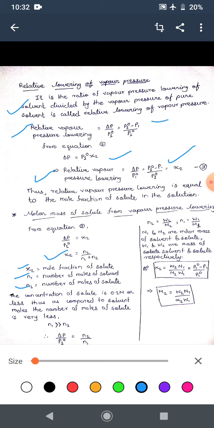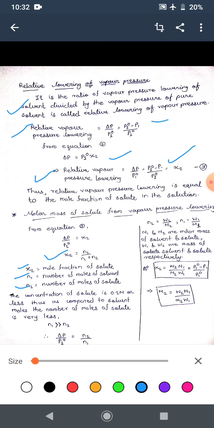The concentration of the solute, as it was mentioned at the first of the video, is lower than 0.2 molar or near about 0.2 molar. Thus, we had already discussed this point that the number of moles of the solute in the solution will be less.